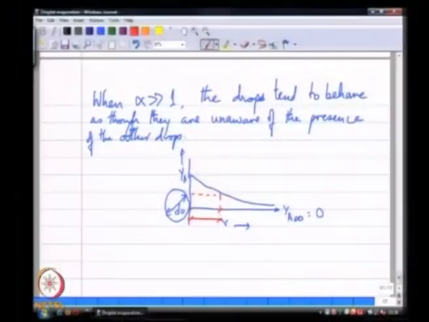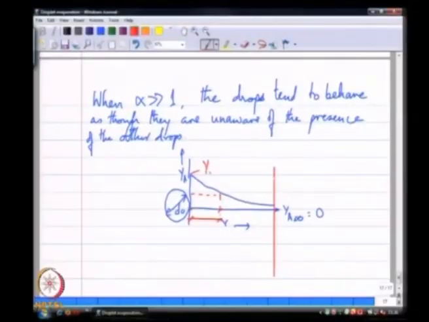So, I can think of a length over which the mass fraction gradient takes the mass fraction from the saturation value, so this is my saturation mass fraction value, to a value that is half the saturation mass fraction.